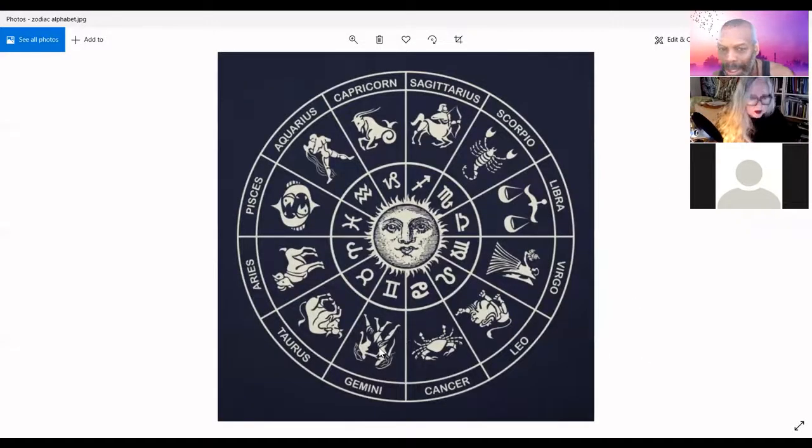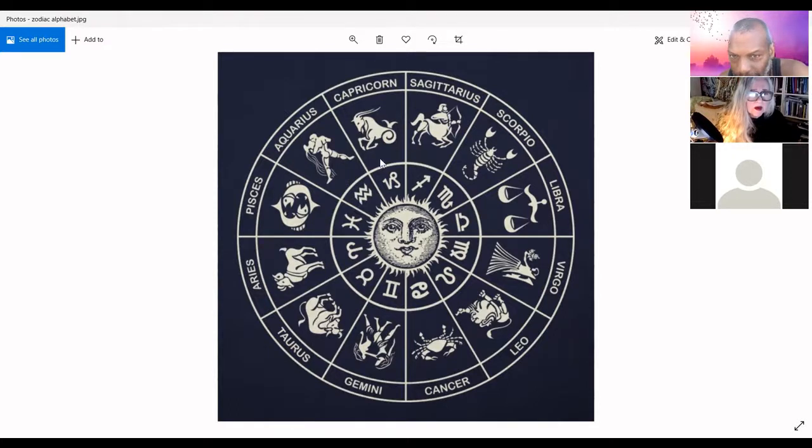Once again, the left 3, 4, 5 are Gemini, Cancer, and Leo. The right 11, 10, and 9 are Aquarius, Capricorn, and Sagittarius. So Aquarius is the right sextile, Capricorn is the right square, Sagittarius is the right trine.